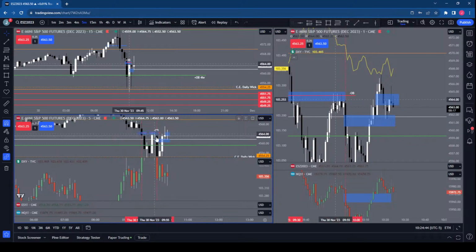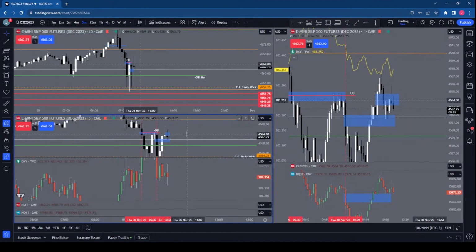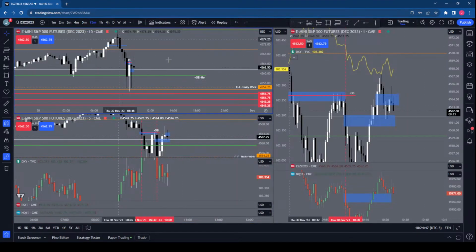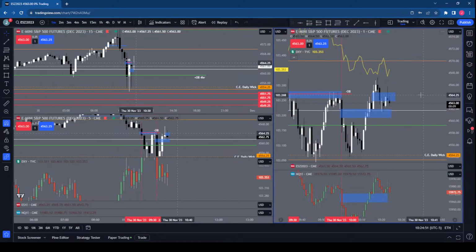Again, so now we have this consolidation on the 5 minute. So I'll probably just sit sideline for right now.